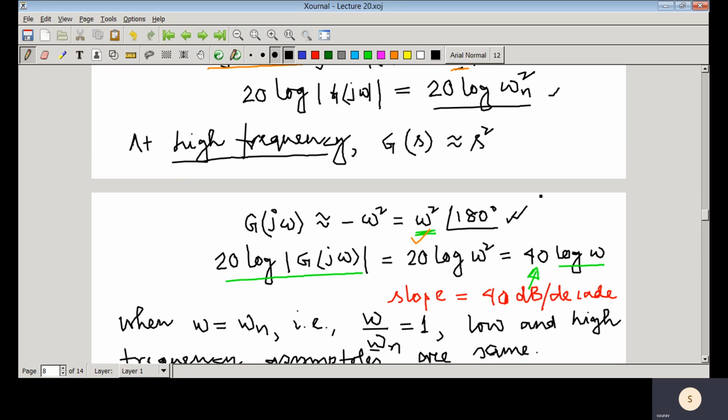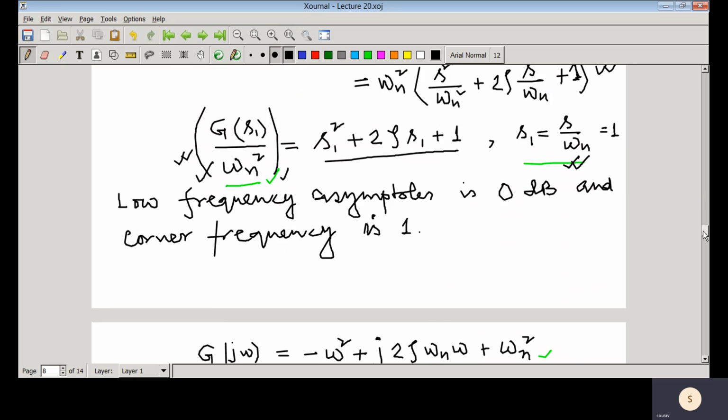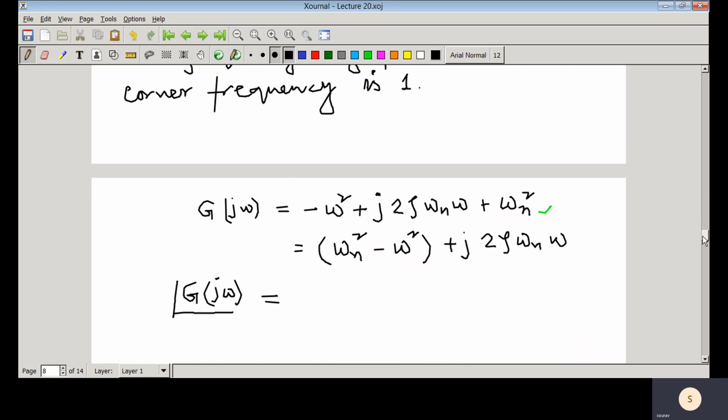Here we are trying to find the exact angle of G j omega. That angle is tan inverse of twice zeta omega n omega divided by omega n square minus omega square.